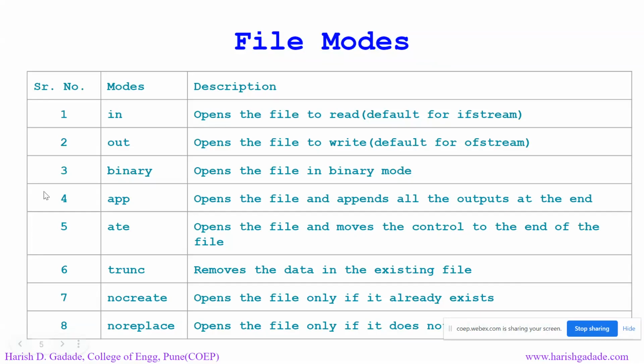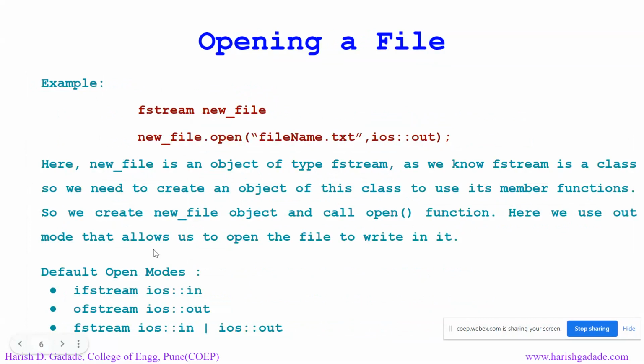Similar to this, we have trunc, no create, and no replace. These modes we can use whenever required, as per your requirements. This is the syntax for this. As I said, fstream is a class, and newfile is an object of this fstream.